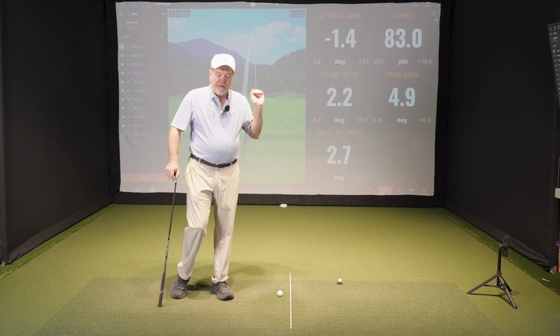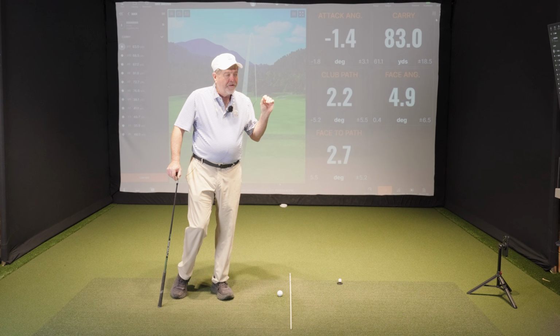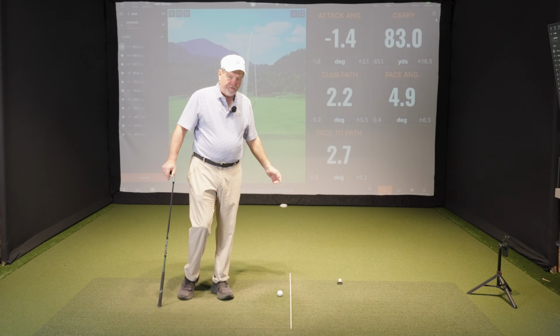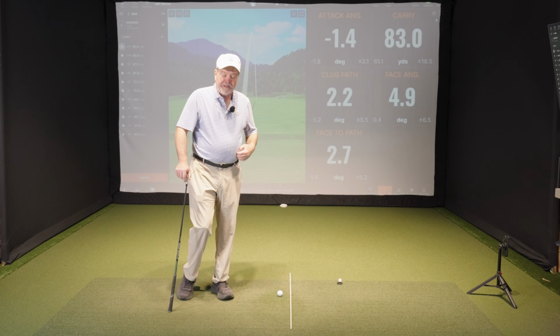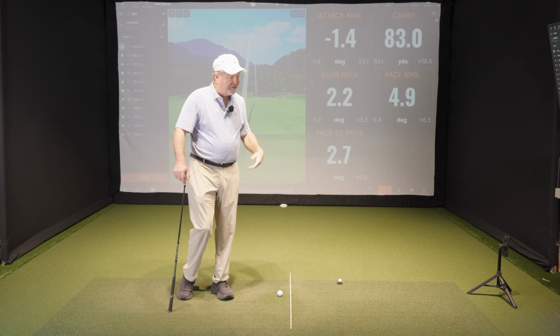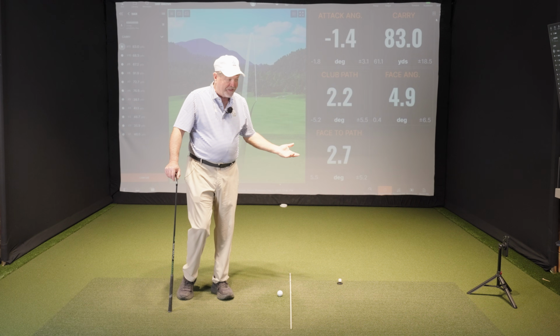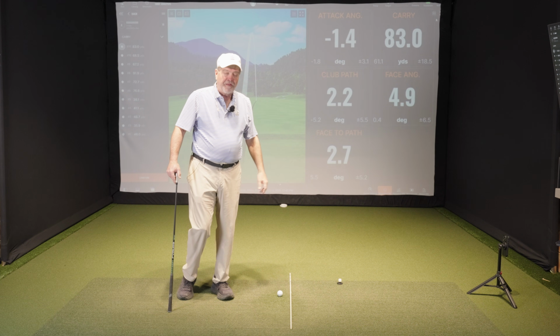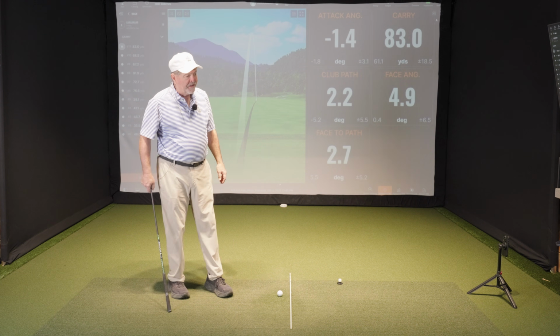But again, we want that club path to be within that cone of plus 3 to minus 3. And we'd like it to be the same every time. So most tour players that you see, they're either minus 2 or 3 every swing they take, or they're plus 2 or 3 every swing they take. And they either hit fades or draws depending on that club path. So understand that.